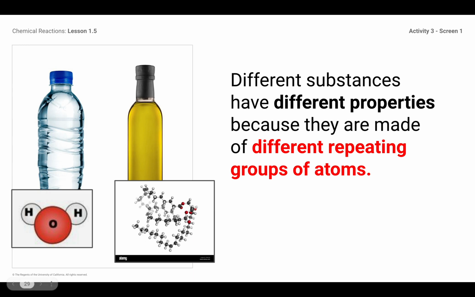Look at how many. These are carbons and hydrogens. The hydrogens are white, the carbons are black, and then I have just a few oxygens over here. Isn't that crazy? That is one compound for oil, and you have to have all of those combined, like hundreds of thousands of millions of them, billions of them to make oil that we see.